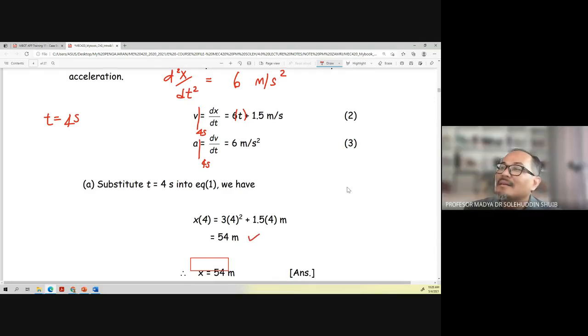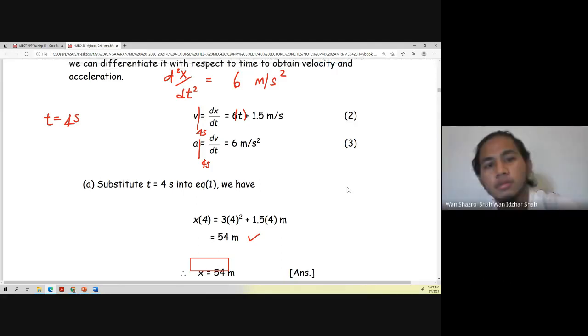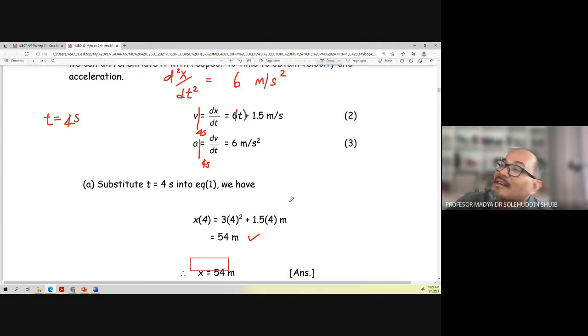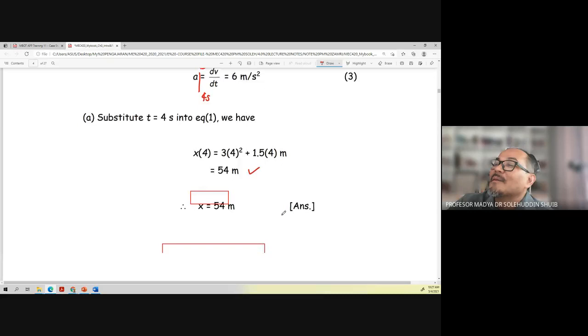Okay. So 54 meter, you can sense the distance. 100 meter you sprint, so half of the 100 meter is 50 meter.